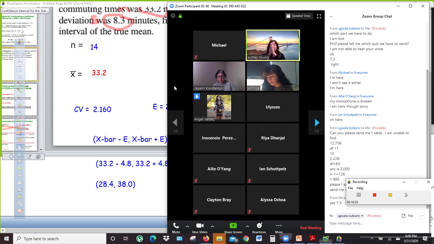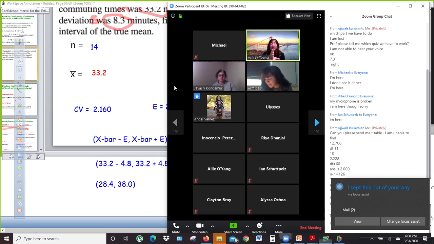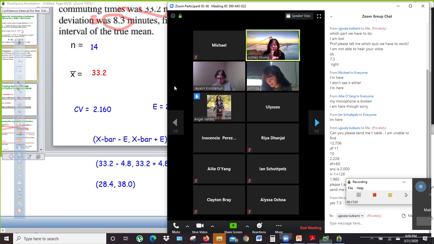But the odds of this one guess being perfectly correct is pretty slim. So instead I'm going to take an interval around it, a little bit this way and a little bit that way, so that I have this range. I'm going to subtract E and add E, so that this is my lower limit and my upper limit.